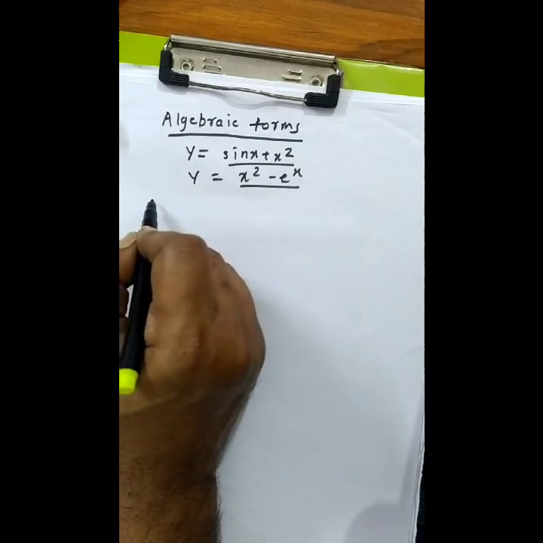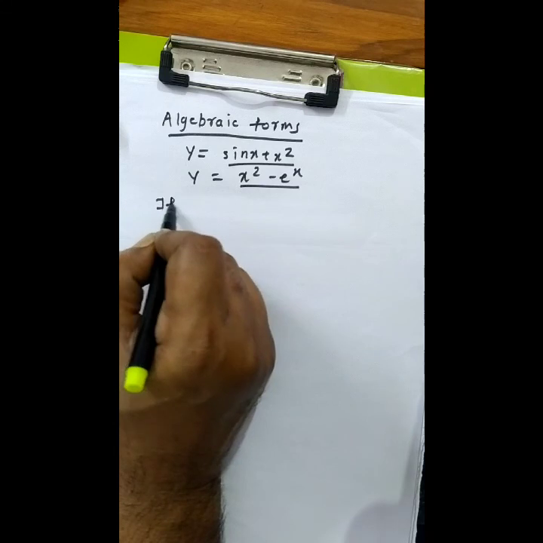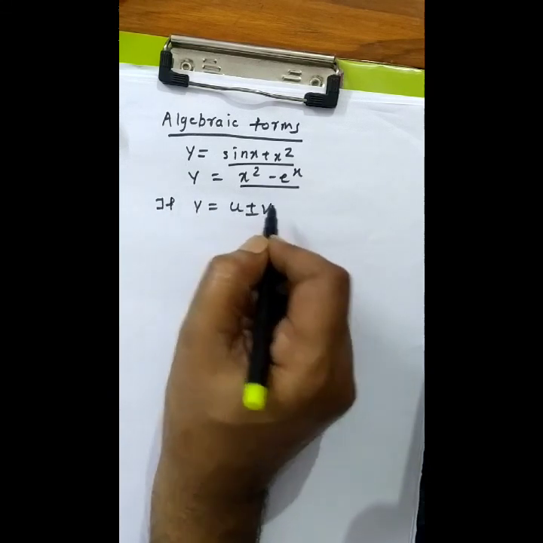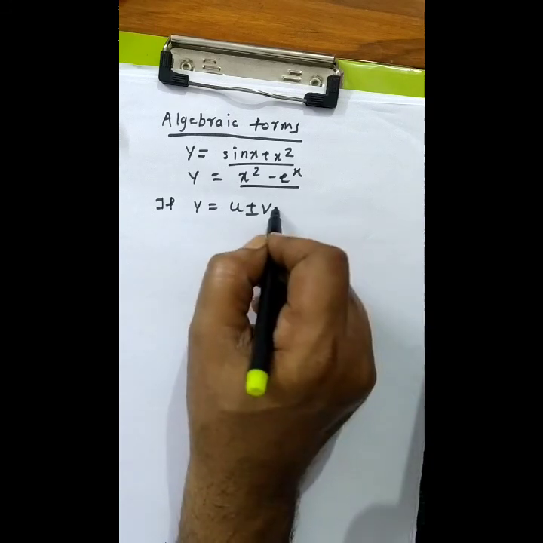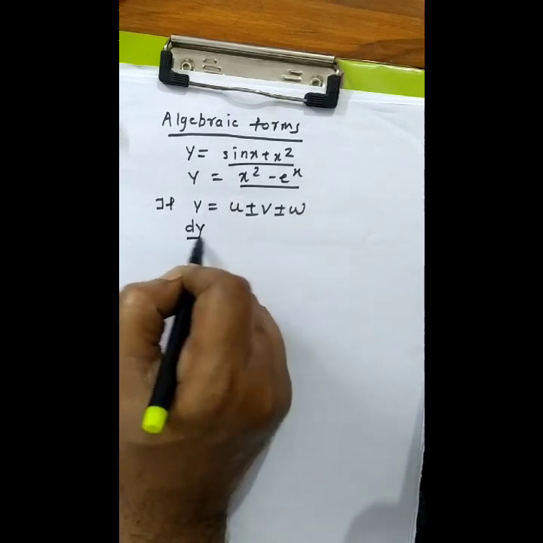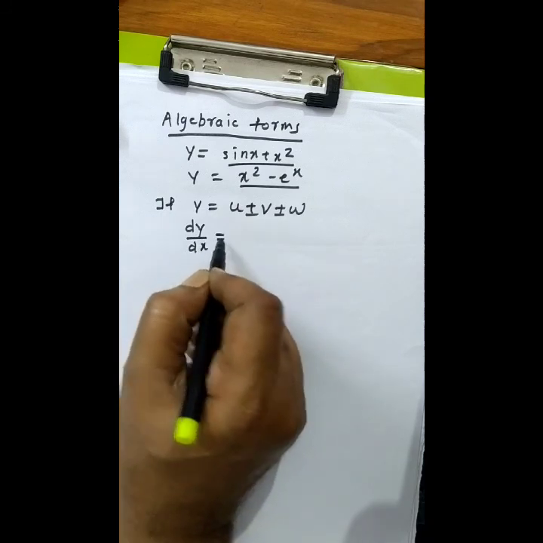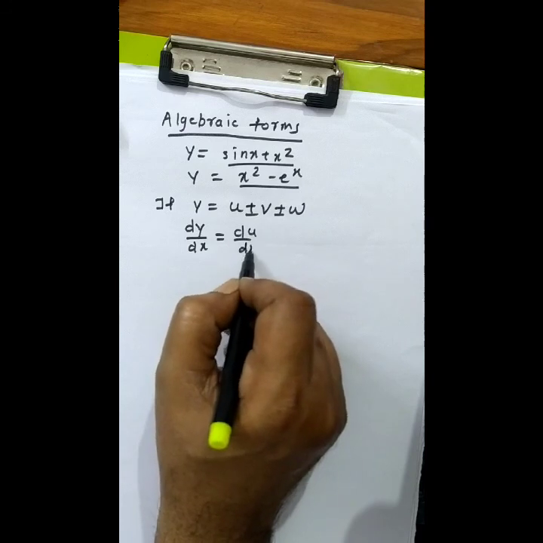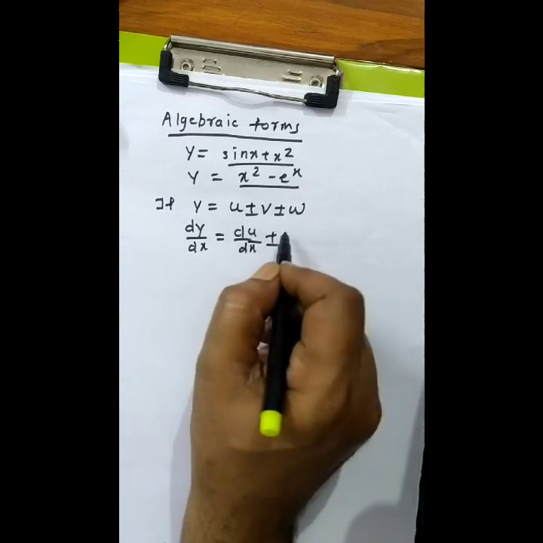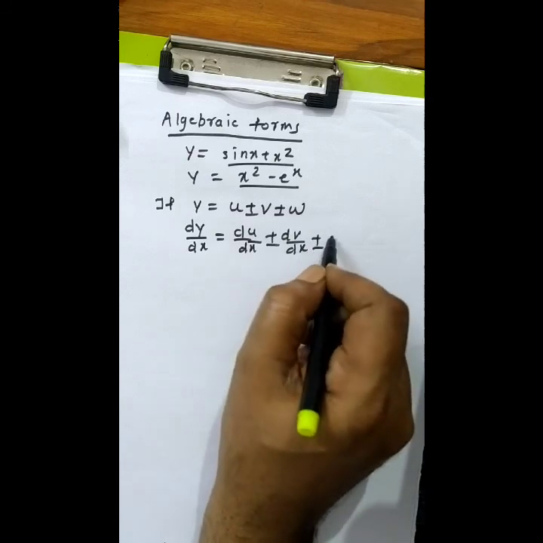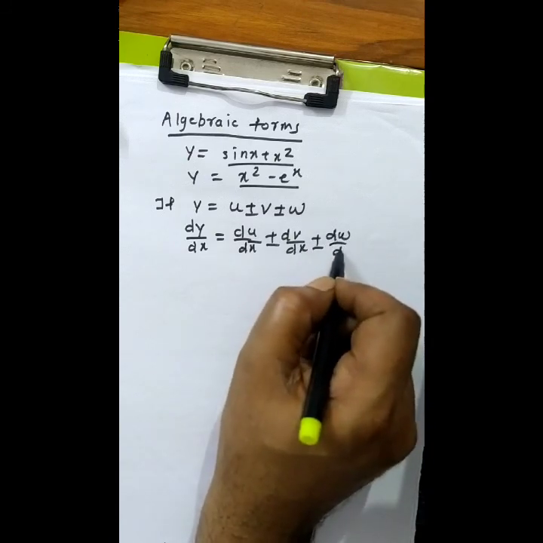So we can write if y equals u plus or minus v, or we can take one more function, plus or minus w. Then what will be dy by dx? Dy by dx will be du by dx plus or minus dv by dx plus or minus dw by dx.